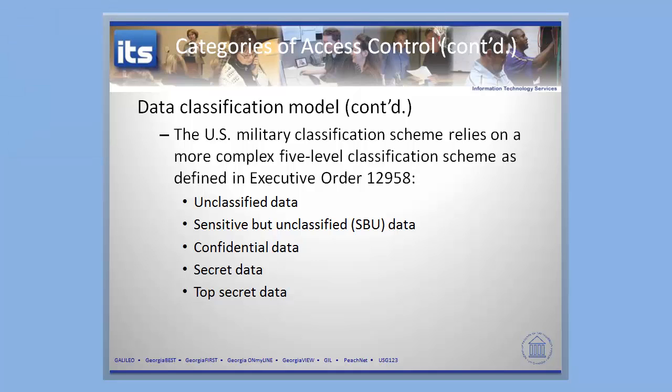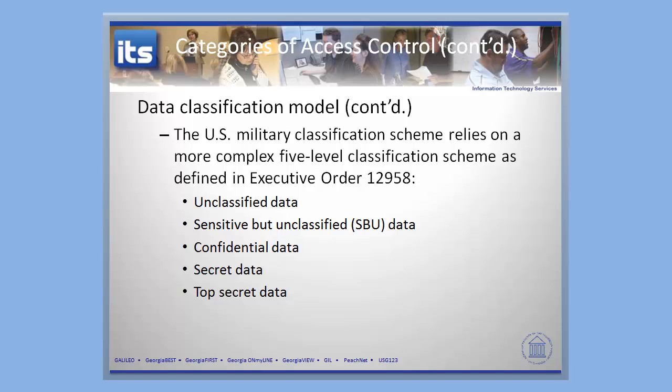Having been a member of the military, I can tell you there's a level beyond top secret data, which is called special compartmented information. That information is so top secret that we want to split it into different parts, and those different parts are sent separately and then reassembled at the end. And there's one level above that even, but we're not going to talk about that.